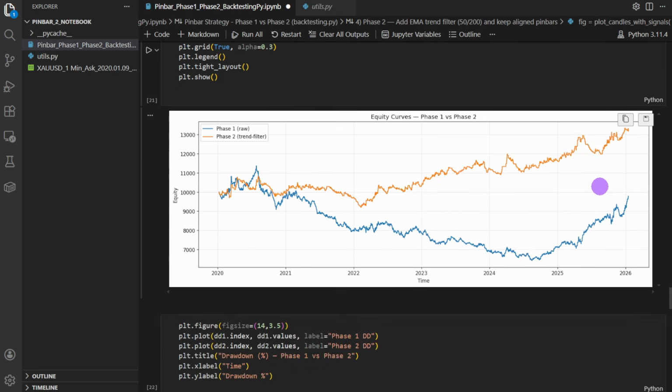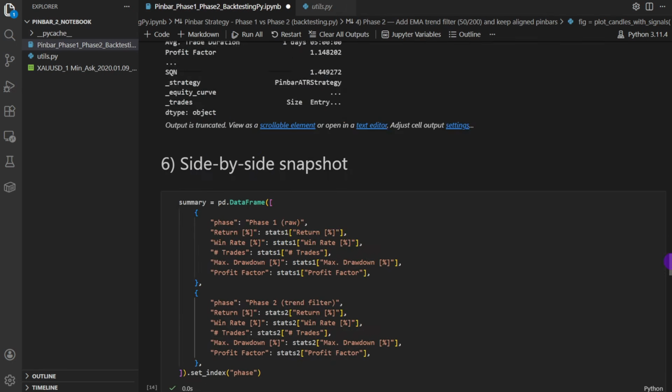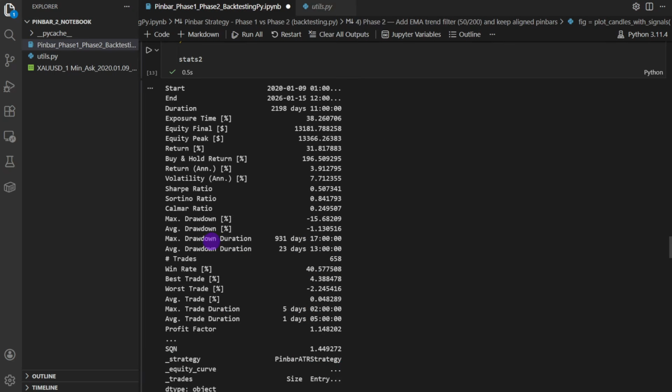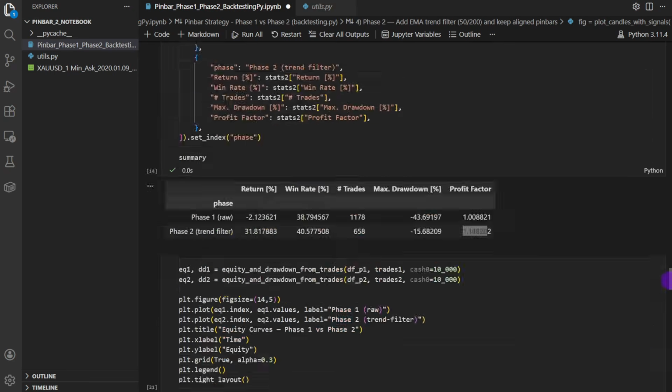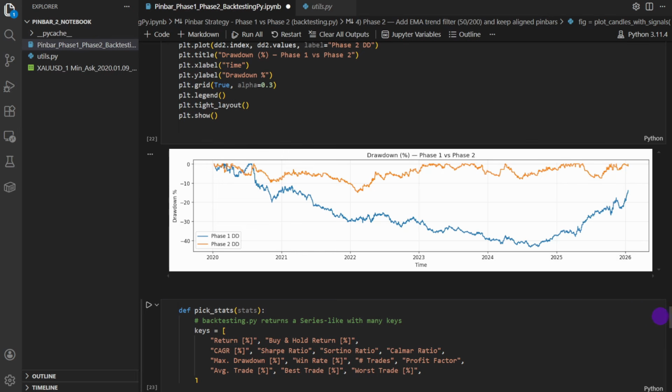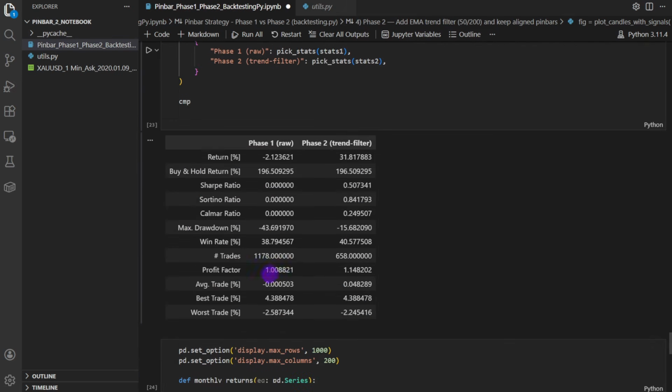Of course, if you take a look at the numbers, you can guess the average drawdown and the maximum drawdown. But when you plot the curve, you can see how it's changing through time, and if there are any phases where the strategy is really struggling. So phase two is really much better than phase one, as you can see. It's very clear with the difference between the two curves. And we can see that all the numbers are better for phase two.